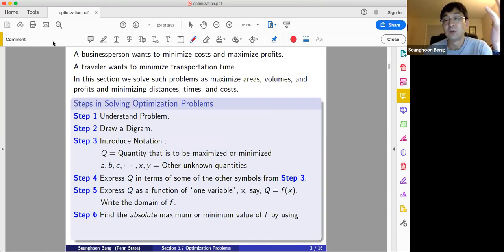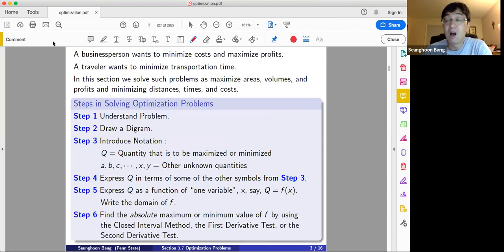If the problem requires that you find the absolute maximum, you find the absolute maximum. If it requires the absolute minimum, you find the absolute minimum, by using the closed interval method, the first derivative test, or the second derivative test. We have three kinds of methods.